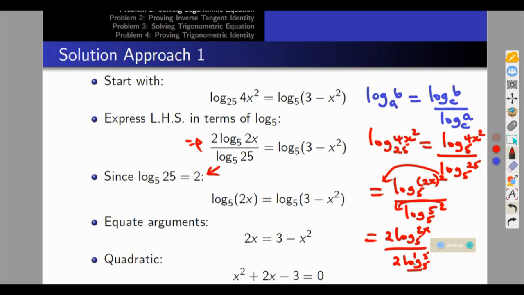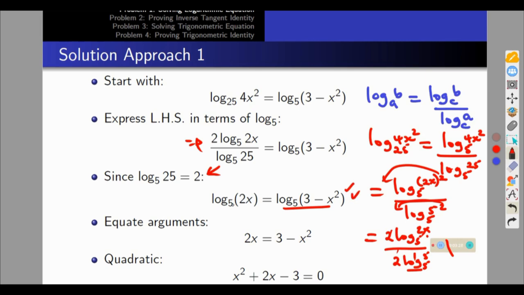Remember, log base 5 of 5 is 1, so the 2 will cancel out, then you will remain with log base 5 of 2x, which is equal to log base 5 of 3 minus x squared. On the right hand side, we already have log base 5 of 3 minus x squared.